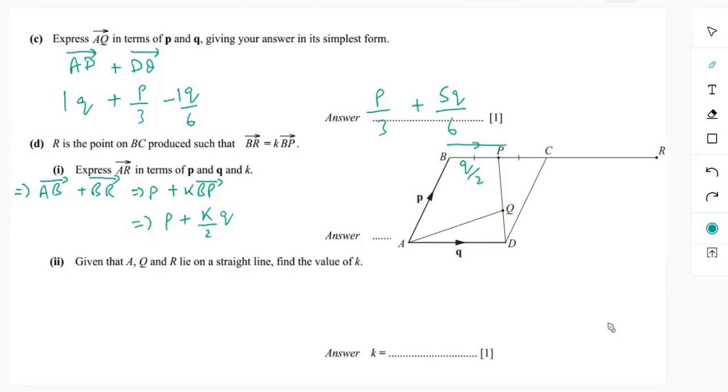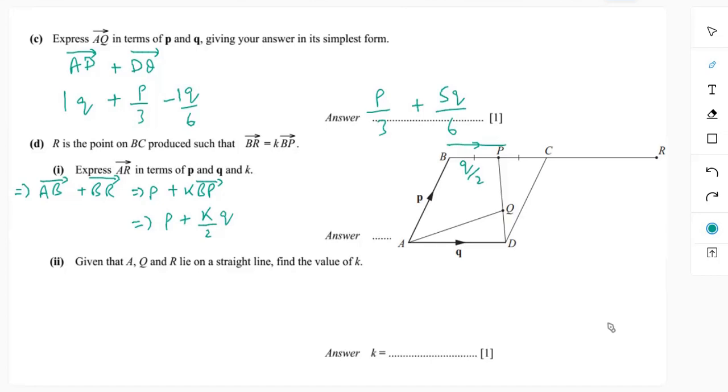Let me just have a look at that again. BR is K times BP. So what do we have for BP? That's just Q. Am I writing something wrong here? K over 2 Q. Why do you have to add Q there? I don't understand. Laiba, am I missing something here?